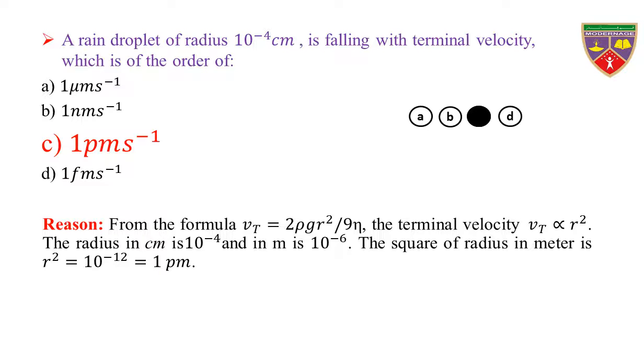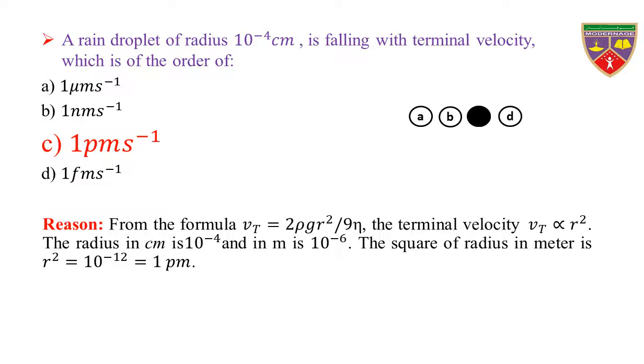Reason: from the formula of terminal velocity, Vt = 2ρgr²/9η, the terminal velocity Vt is proportional to r², because ρ, g, and η are constant. The radius in centimeter is 10^-4 and in meter is 10^-6.